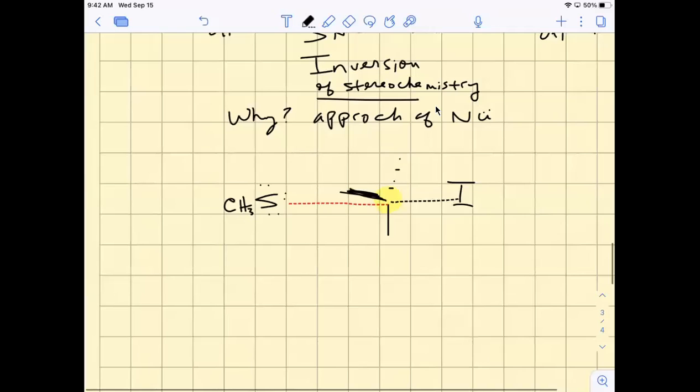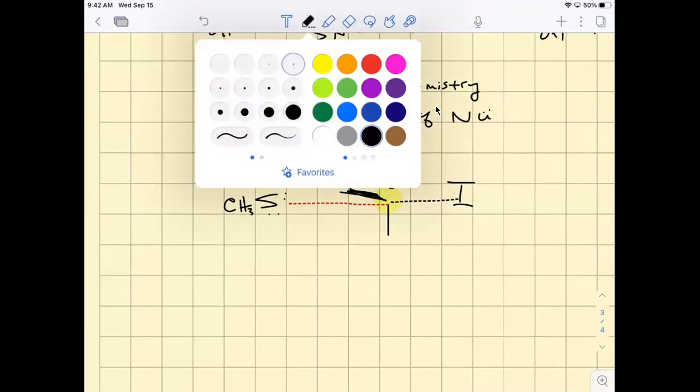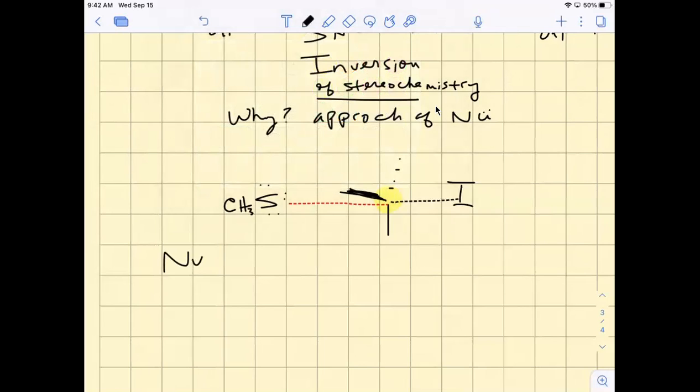So the approach of the nucleophile is always going to come opposite of where your leaving group is due to sterics. So that's why, if your leaving group is on a chiral center, you see inversion, because of the approach of the nucleophile.